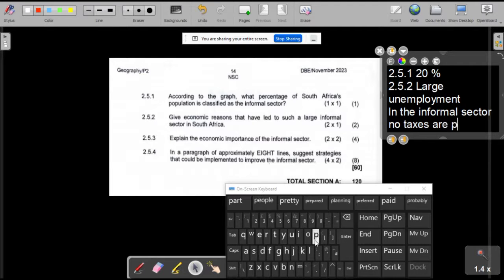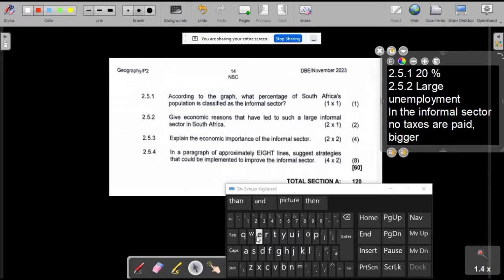Okay, so that's what is good, a bigger income. That's one reason. There are many more though.